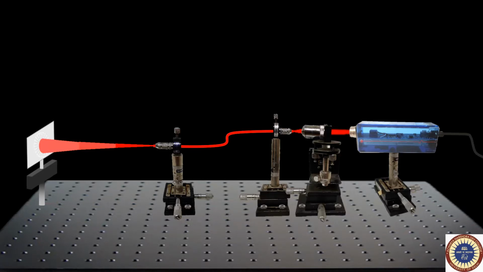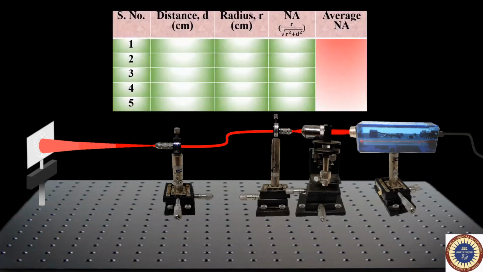Don't increase the distance too much, otherwise the laser spot will become blurred and its boundaries will not be sharp. In the present case, we have varied the distance from 5 to 15 centimeters. So the radius of the laser spot has increased from 2 to 7 centimeters.